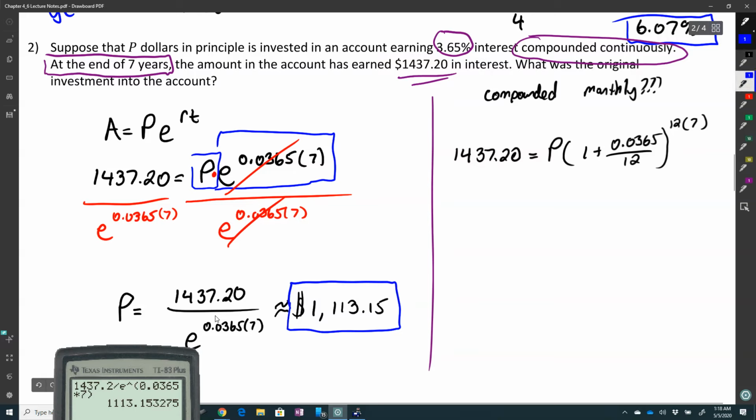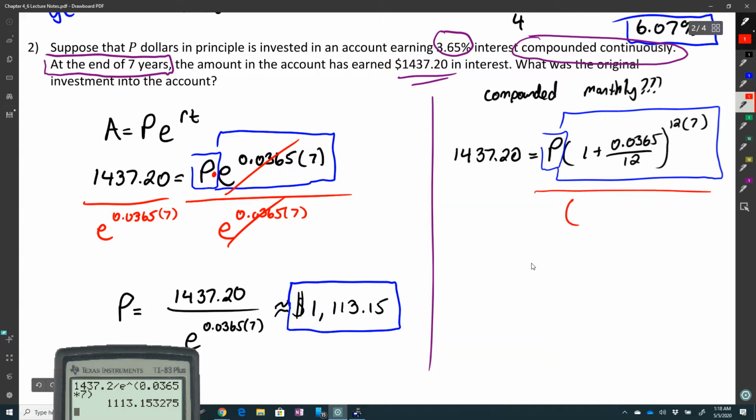So the equation would have been completely different. You would have used the compounding equation, but it's still two things being multiplied. And even though that whole thing looks nasty, you still divide by all of it. 0.0365 over 12 raised to the 12 times 7.